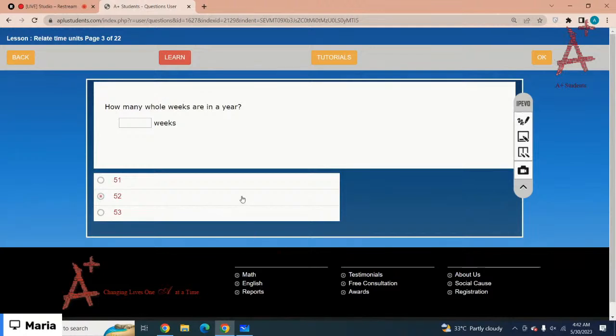In a whole year, you have 52 whole weeks.